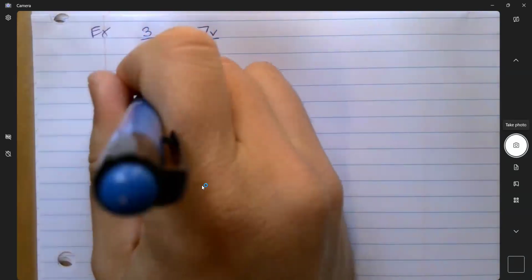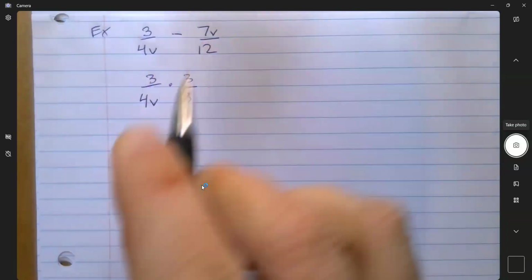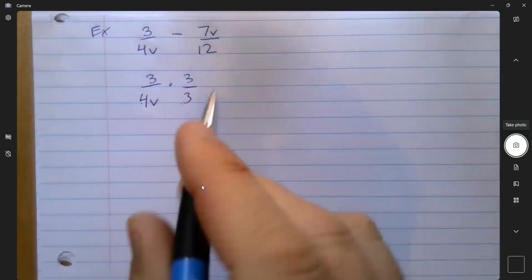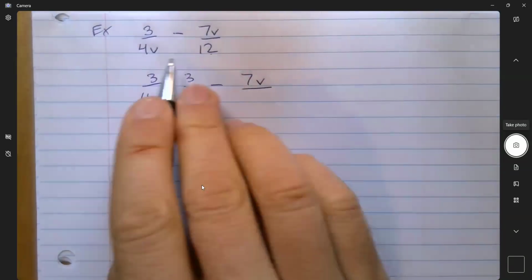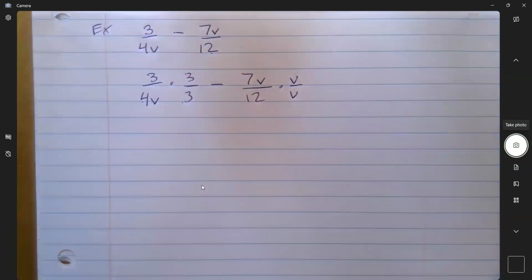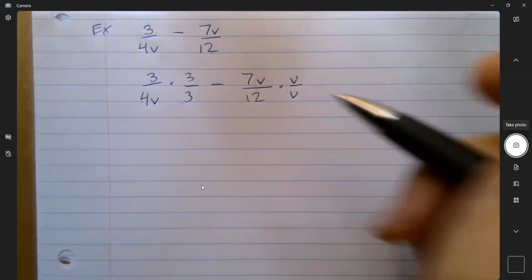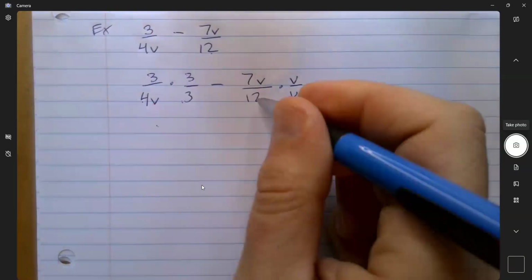We're going to do the subtraction and then combine like terms. So again, I ask what's missing. Well, to get from 4v to a 12, I need 3, because 4 times 3 is 12. And to get from 12 to 12v, I just need a v. 4v times 3 is 12v, and 12 times v is 12v.